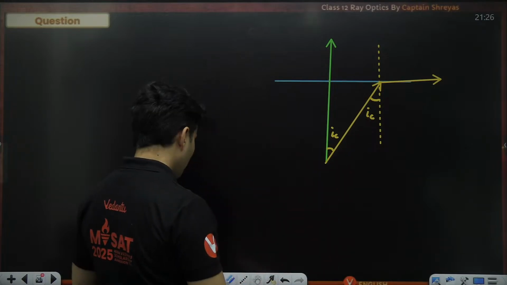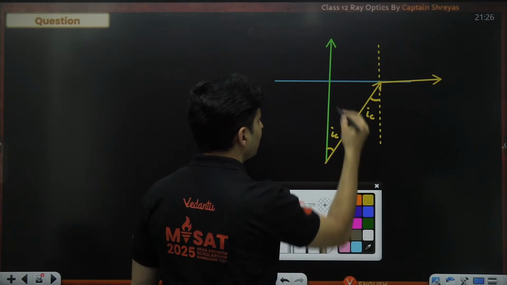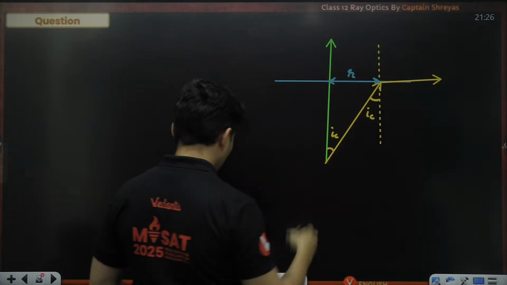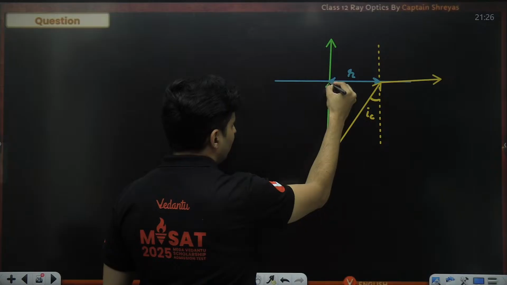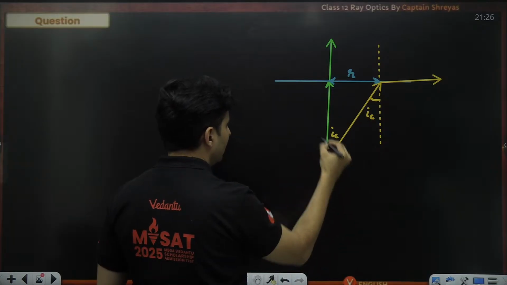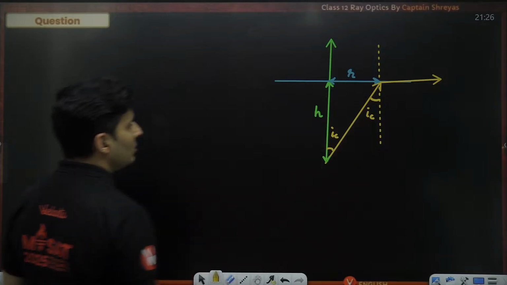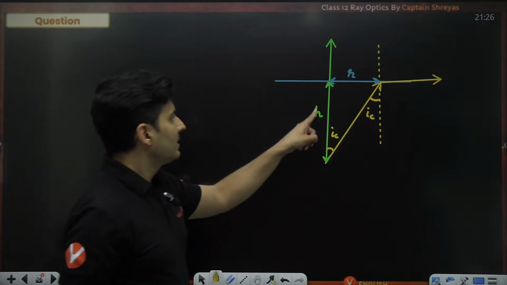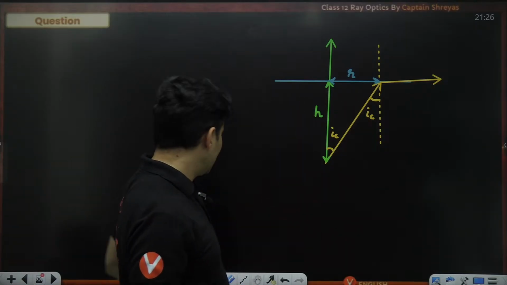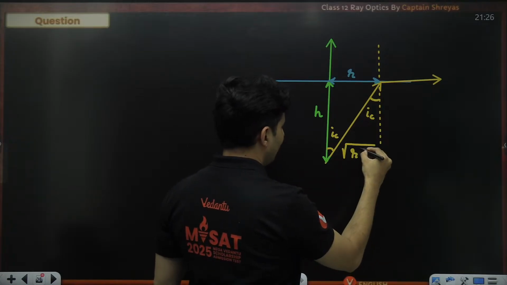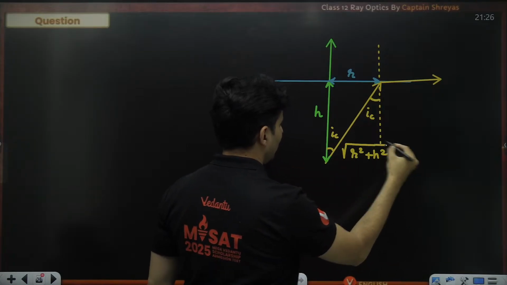It's obvious. The question was to find the radius. So this will be the radius, and the depth at which the source will be present is, let's say, h. So from this you can see this is h, this is r. So this length will be root of r square plus h square.